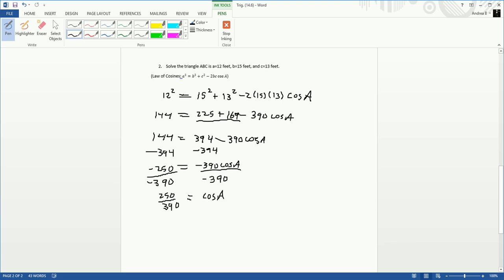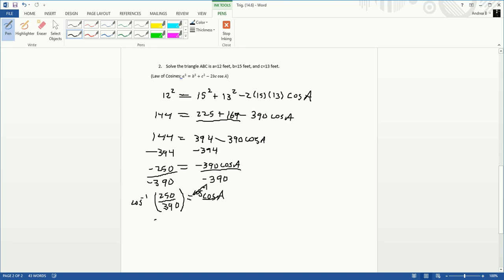You could definitely simplify that fraction first if you wanted to. To get just A instead of cosine of A, we need to use the inverse cosine function. That's cosine to the negative 1 power on your calculator, and make sure to put that in parentheses, because then the inverse cosine and the regular cosine cancel out.